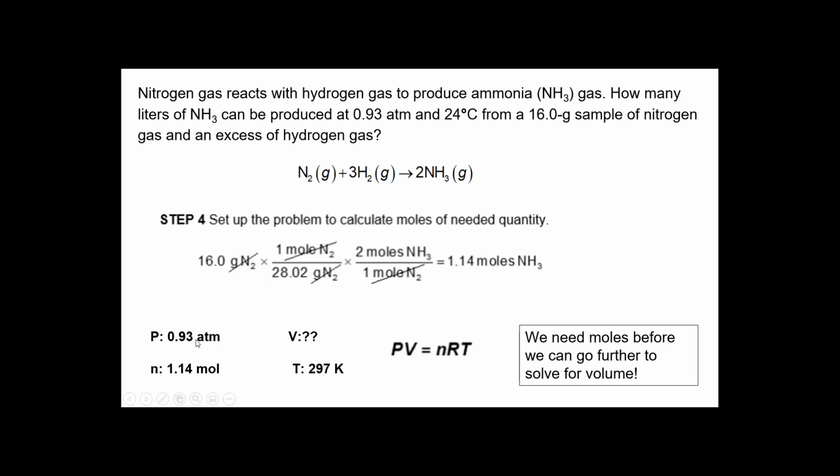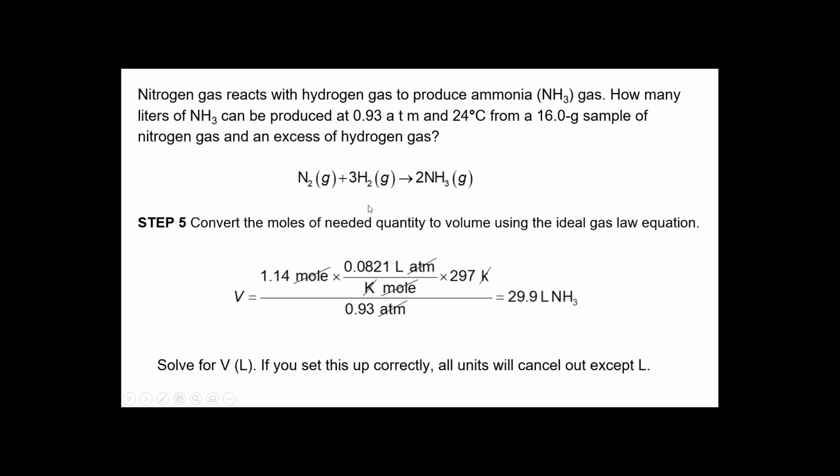So what do we have? We have our pressure, we have our moles of ammonia, we have our temperature, and we're missing the volume. So now we can plug in our pressure, our moles, gas constant, and temperature. We can isolate volume and solve for that. So we needed to focus on this reaction first before we could have gone further. So now we plug this in because we isolate for volume, and we have our moles, our gas constant, our temperature, and then our pressure.